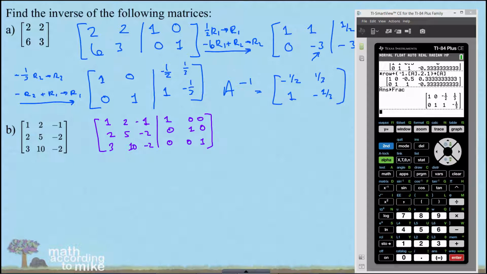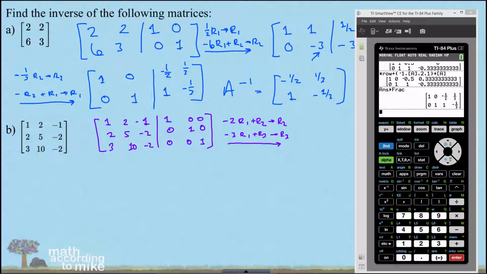We already have a 1 in the 1, 1 position, so we need to make some zeros. We can say -2 row 1 plus row 2 makes row 2, and -3 row 1 plus row 3 makes row 3. Okay, at this point, you should be very comfortable with Gauss-Jordan, and more importantly, with putting things into the calculator.